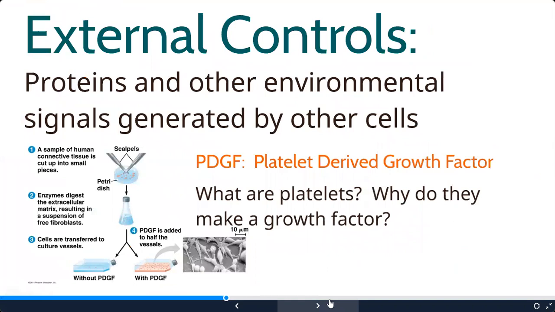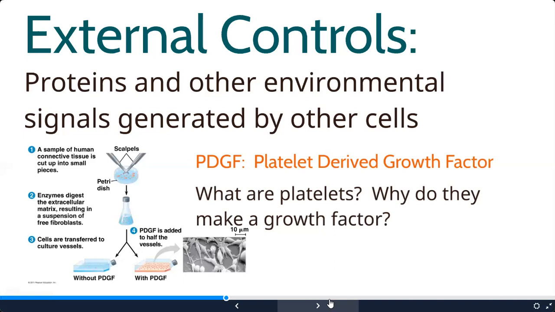Now, there are also some external controls. Remember, I said that we are multicellular organisms. So all the cells of your body are communicating with one another. I tend to say talking, but it's not with a voice and sound waves. They are communicating with chemicals back and forth. And one of these is called PDGF, platelet-derived growth factor.